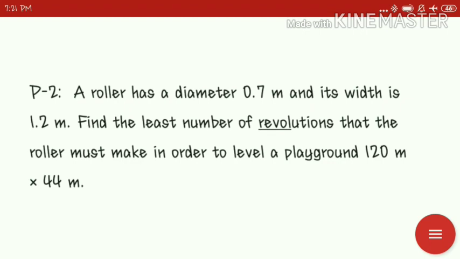That means whenever we are rolling something, it covers the area of its curved surface. In one complete rotation, it covers the same area as its curved surface area. That's the basic concept. Keep it in your mind. Now pause the video and try to solve it yourself and then come to my solution.